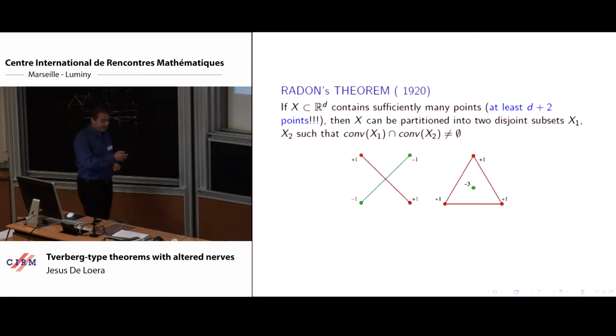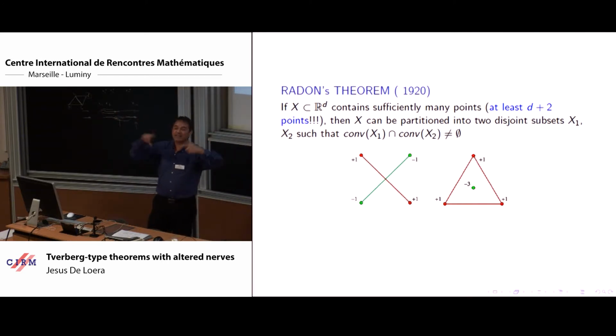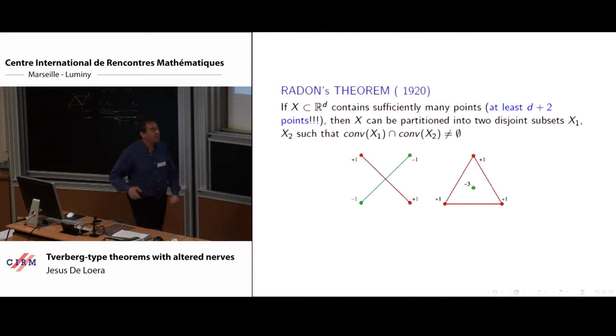Here are some examples. In the plane, if you have 4 points, the convex hull of the green points and the convex hull of the red points intersect, and you can see these two situations. It's essentially the fact that when you have d plus 2 points, there must be a circuit in the matroid of this type.